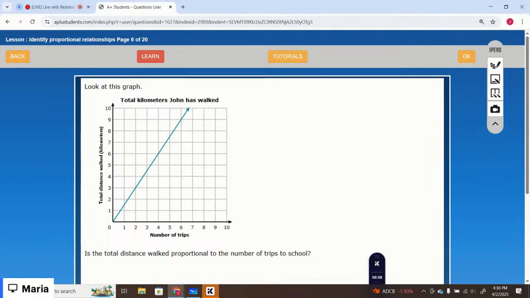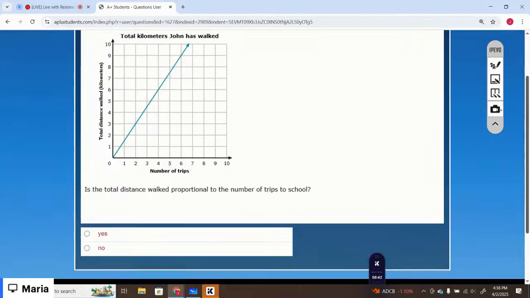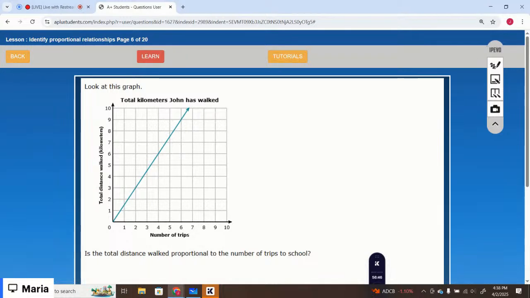Is the total distance walked proportional to the number of trips to school? Yes, it is. That is proportional.